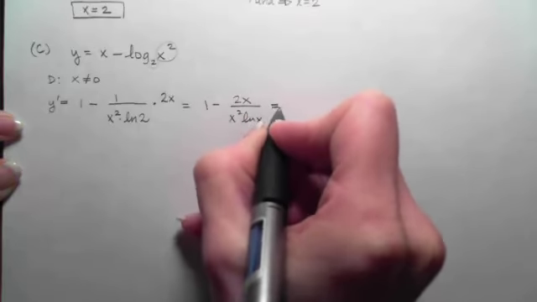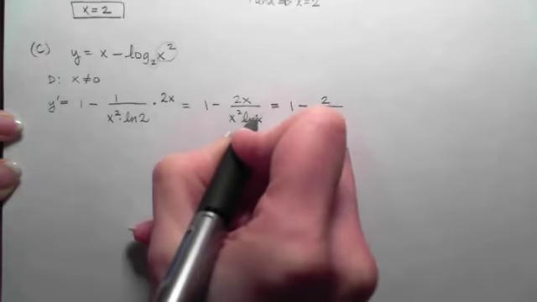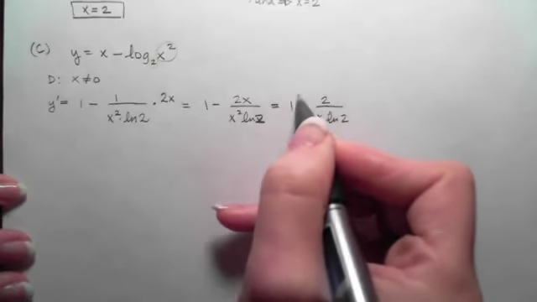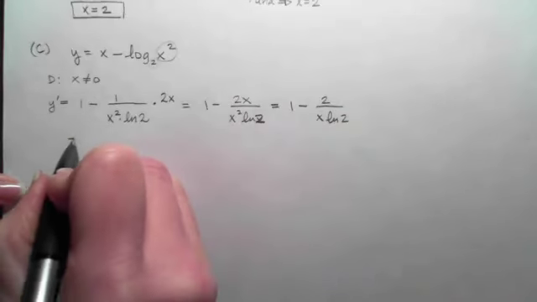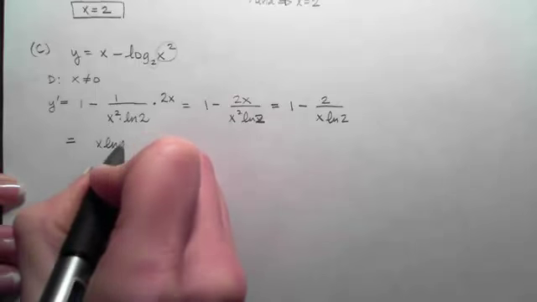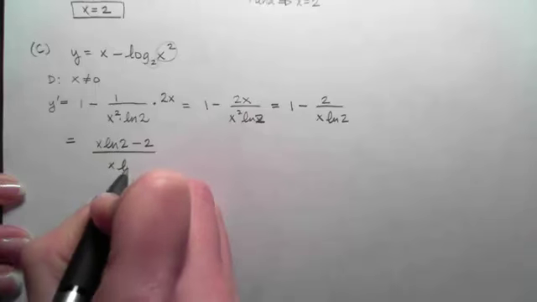I can cancel one of those x's and get a 1 minus a 2 over an x ln of 2. Now, finding out when this equals 0 or undefined will be easier if I have a single fraction. So I'm going to get a common denominator, rewrite this as x ln of 2 over x ln of 2, and then I can put them together.